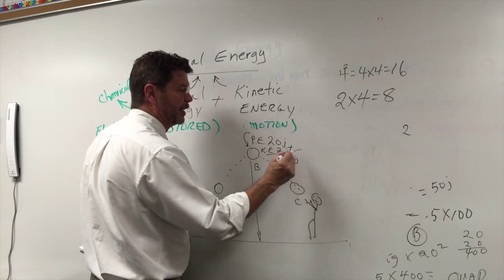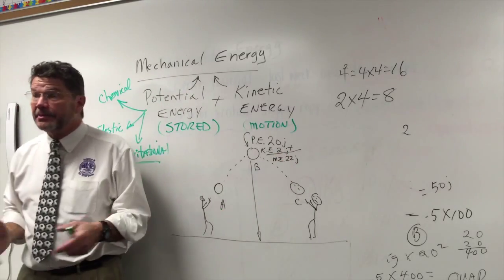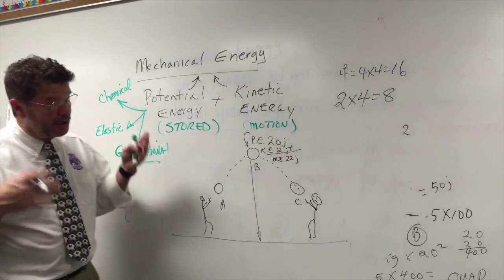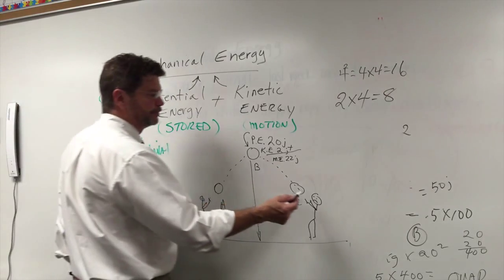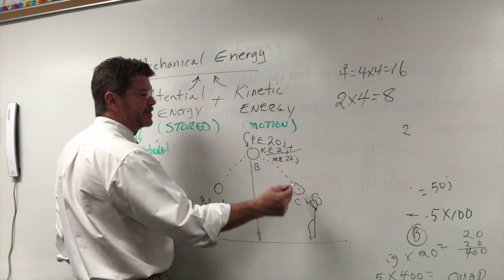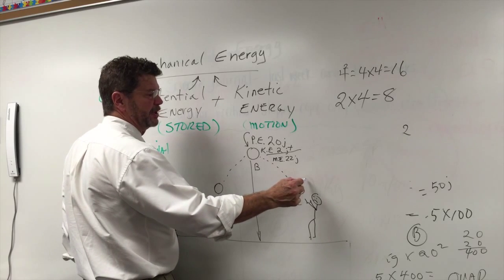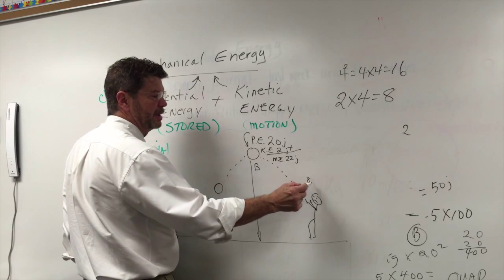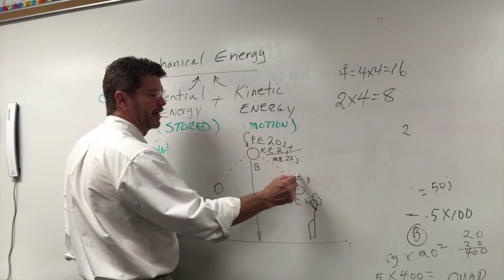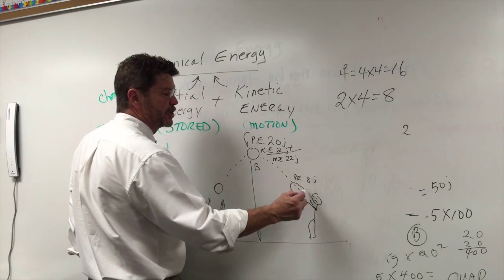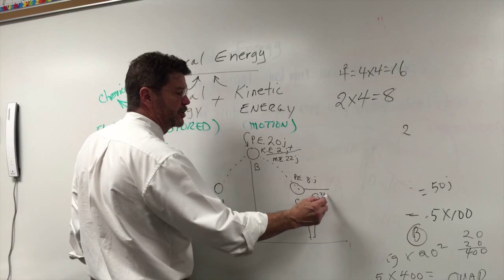22 joules, right? And since I said mechanical energy is going to be the same no matter what, here, not much potential energy, right? Maybe, what do you think, 8? Yes. So potential energy, because it's not very high, is 8 joules. So the mechanical energy we know is 22.